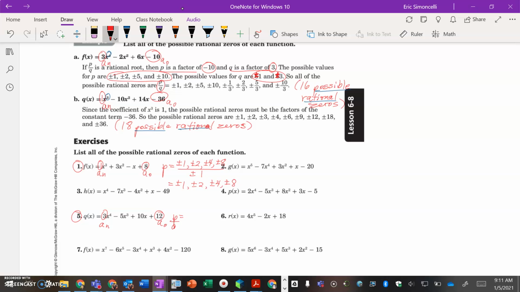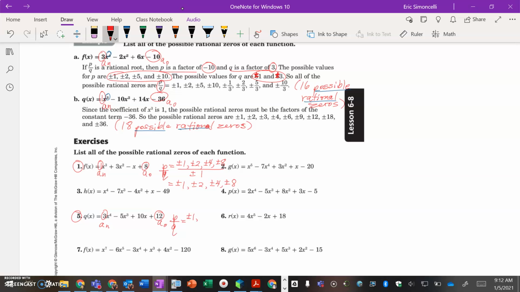over q, again, the factors for both. I apologize, I need to squeeze in q on the last problem because I didn't do that. So the factors again of the a sub 0 term end up being what?